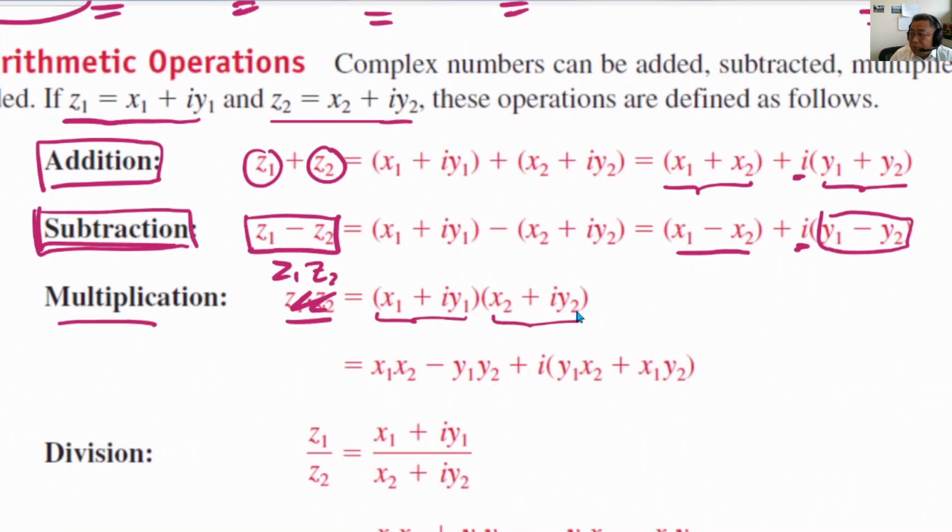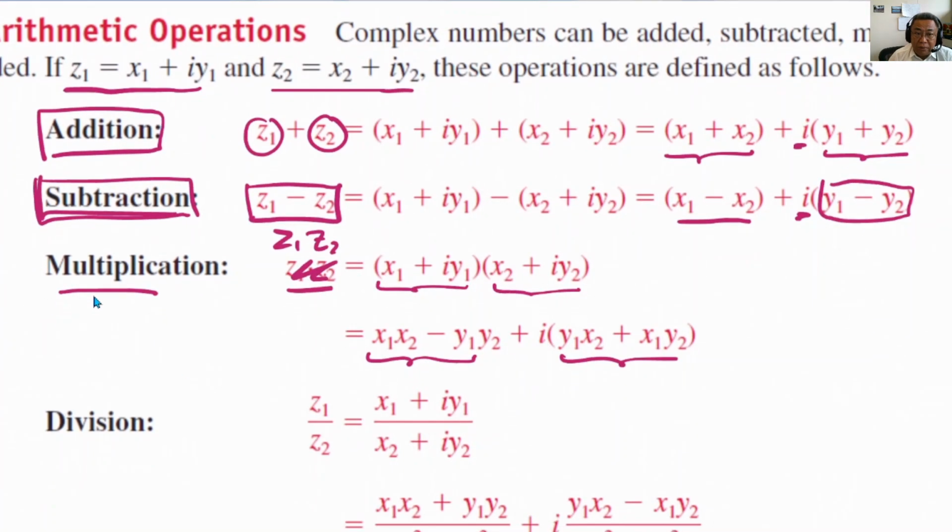We then have x1 times y2 with the i in front, and now we have i y1 times x2. So this is the real part, and this is the imaginary part after we have collected the terms together.